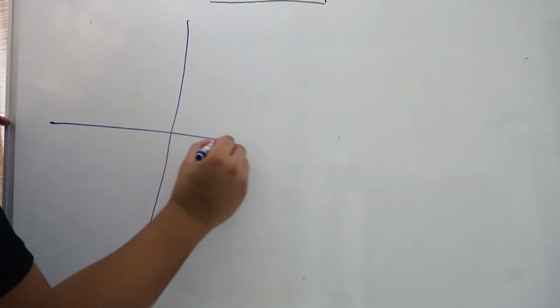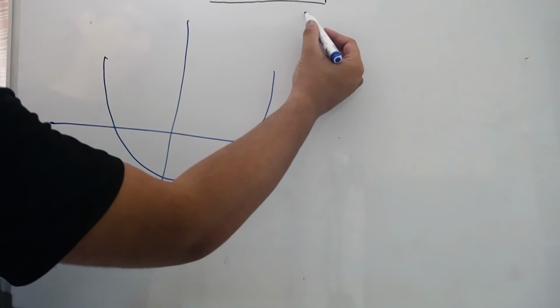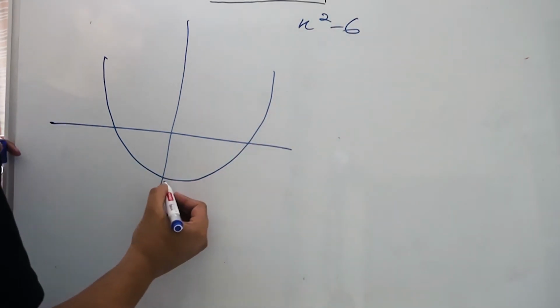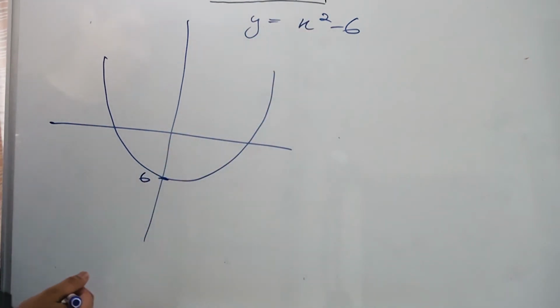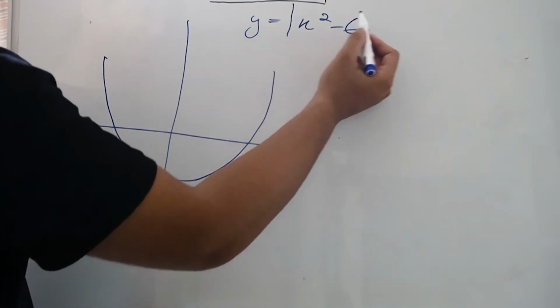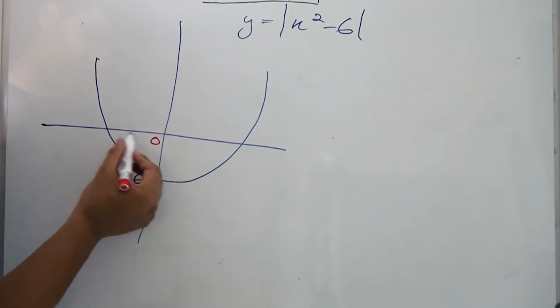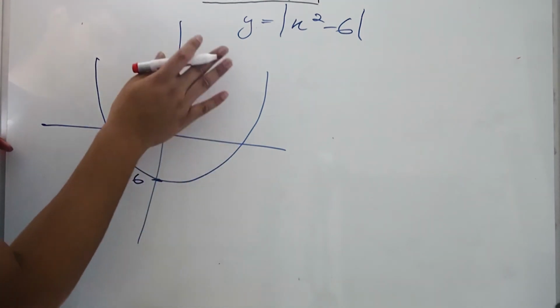Let's say we have a quadratic equation like this, and it was let's say x square minus 6. So this would be 6. Y is equal to x square minus 6. And now they want us to draw the graph of modulus x square minus 6. So what you would do is the parts that are negative, which are below the x-axis, you will take them and flip them above with the same distances.